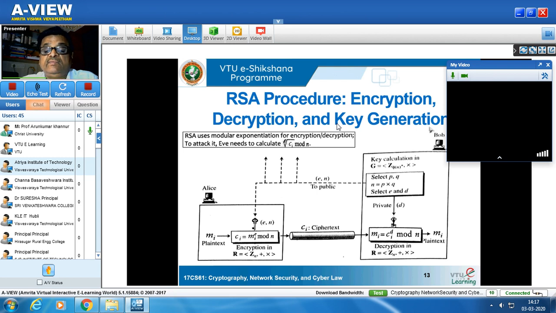Here the decryption key which is required, which is the private key, to create it we may make use of two prime numbers p and q.